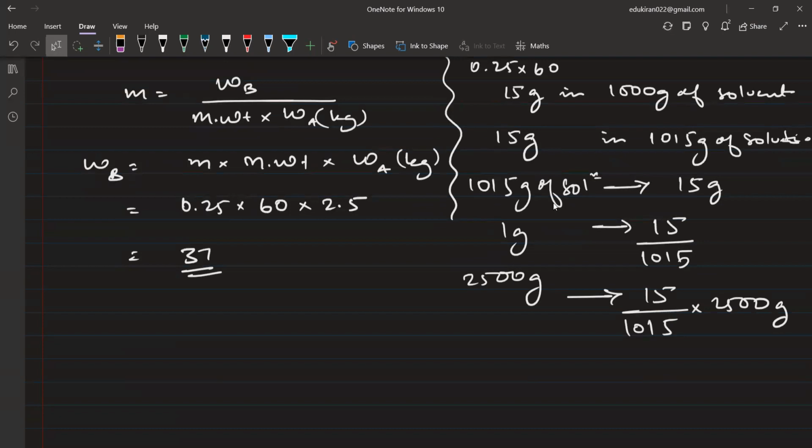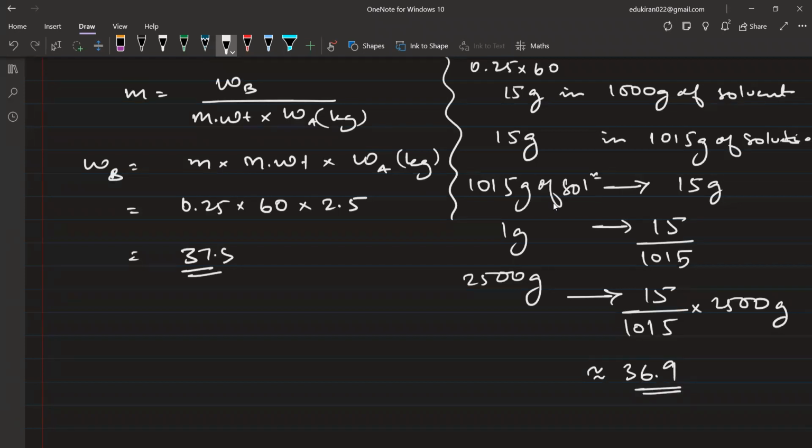Here you will get the accurate answer, which is approximately equal to 36.9.